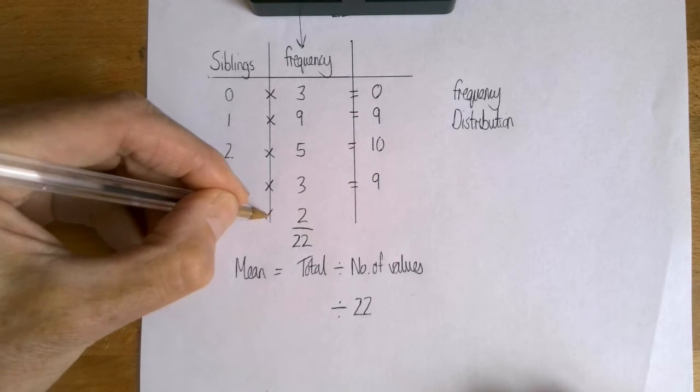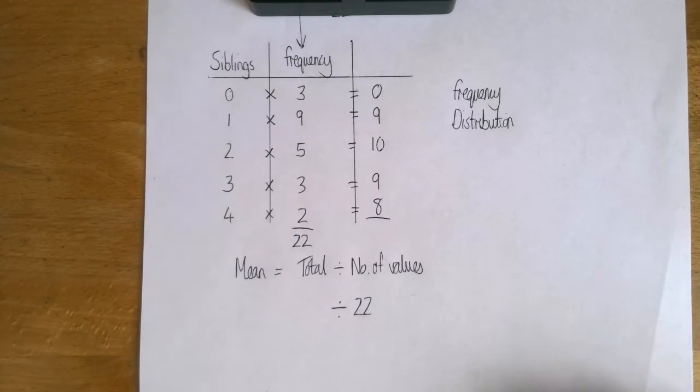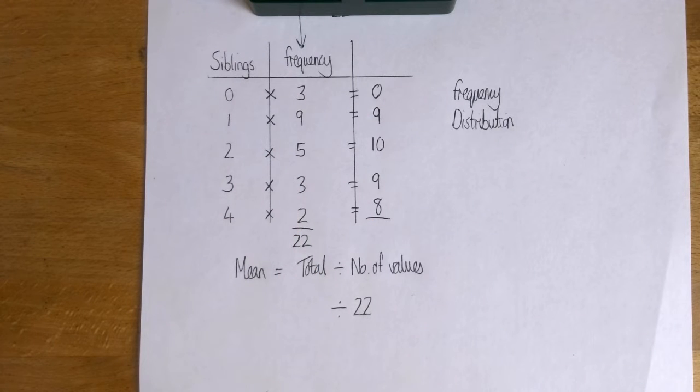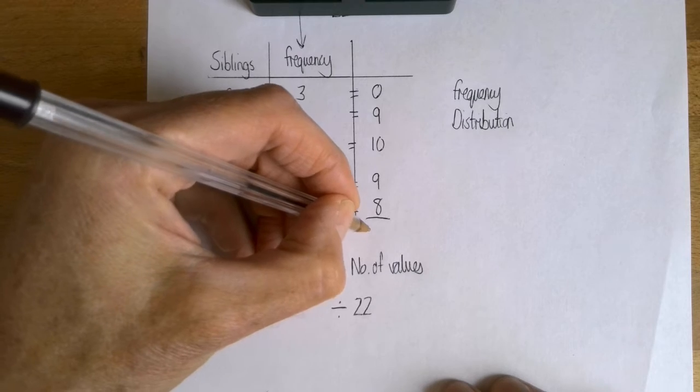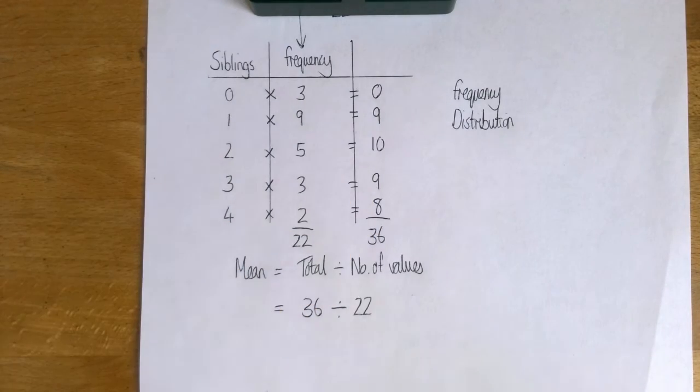And 2 families with 4 brothers and sisters, so that is 8. And if I then add those values up, so 0 plus 9 plus 10, that's 19, plus another 9 plus 8, that gives me 36 brothers and sisters. So that is my total. 36 is what I would have got had I persevered at the beginning and added up all my numbers.